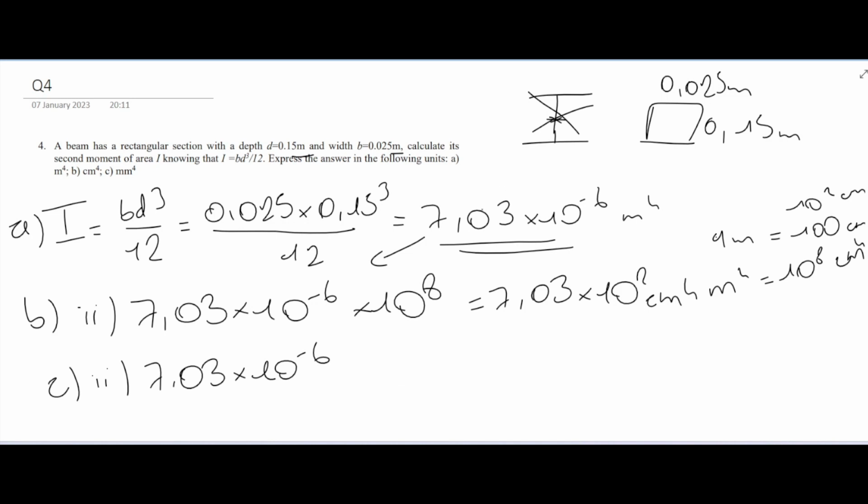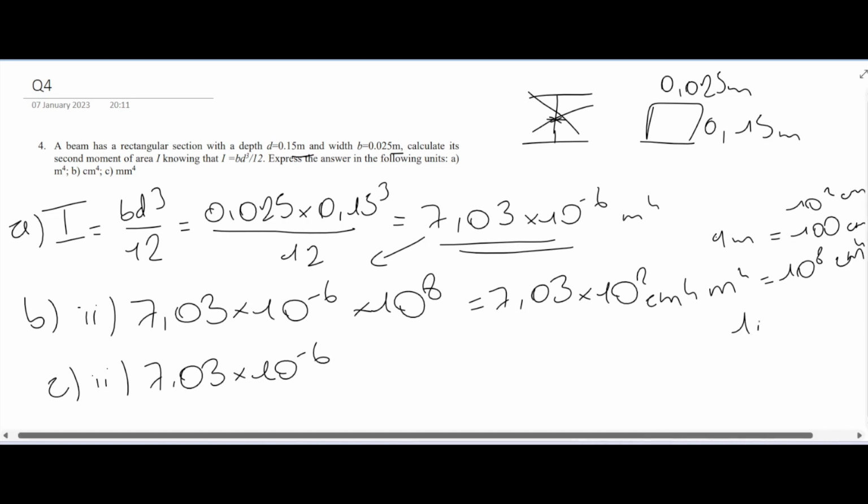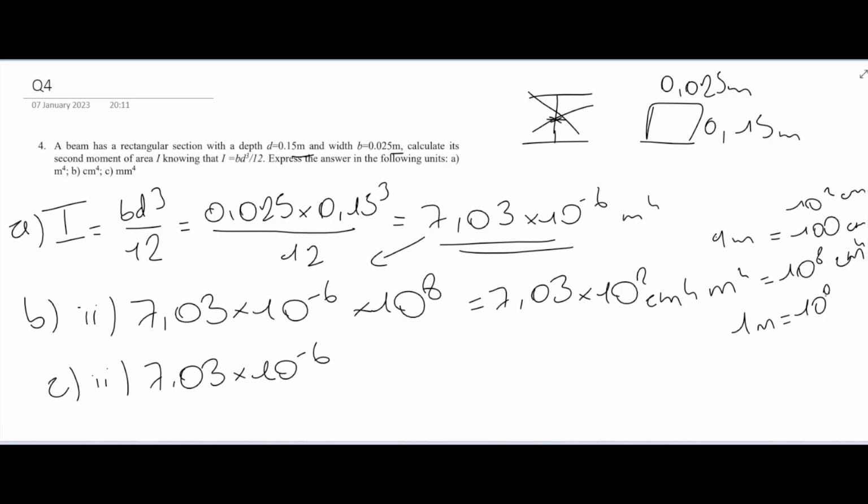So might as well just use the first answer, as it's most likely to be correct. You're not adding the errors along the way. So same as previously, a meter is equal to 10 power 3 millimeters.